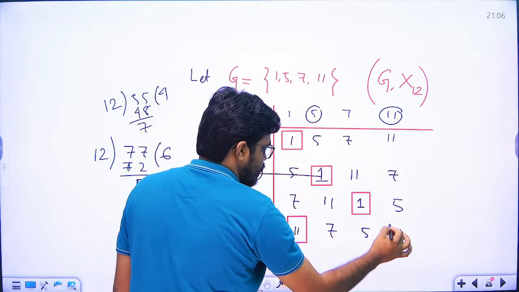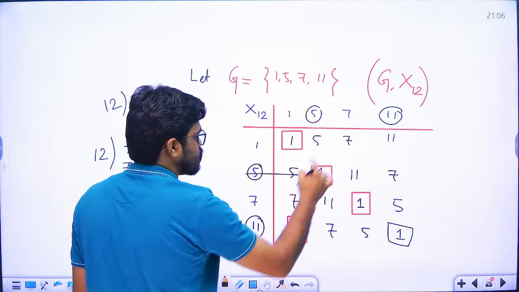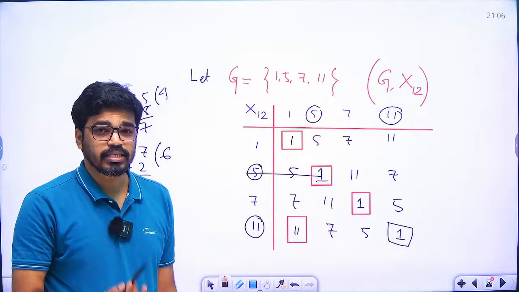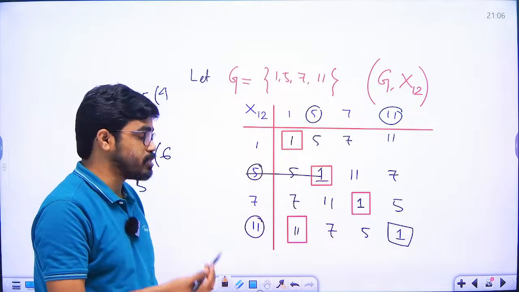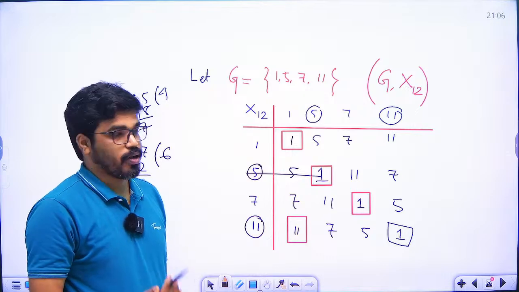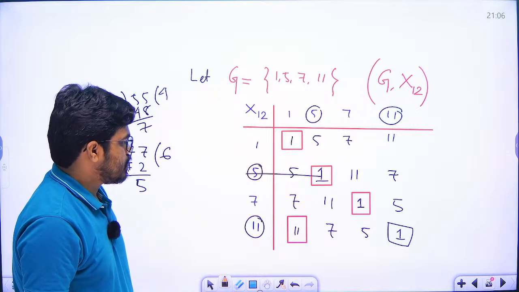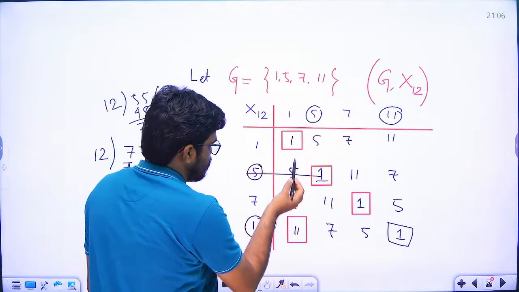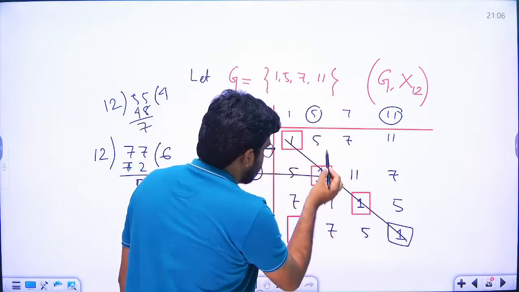Just see, this is the identity element, so inverse of 11 is 11. So every element has a multiplicative inverse. So we conclude that this is a group.